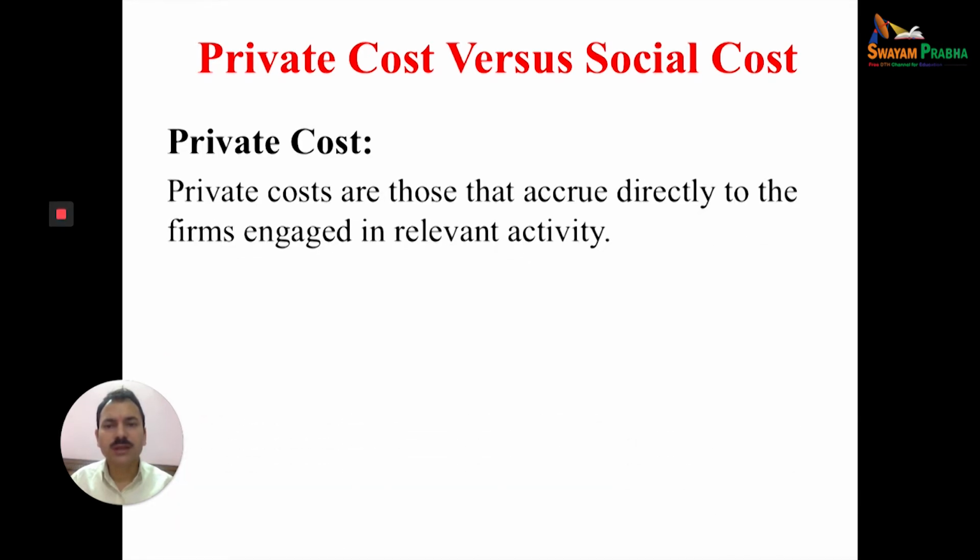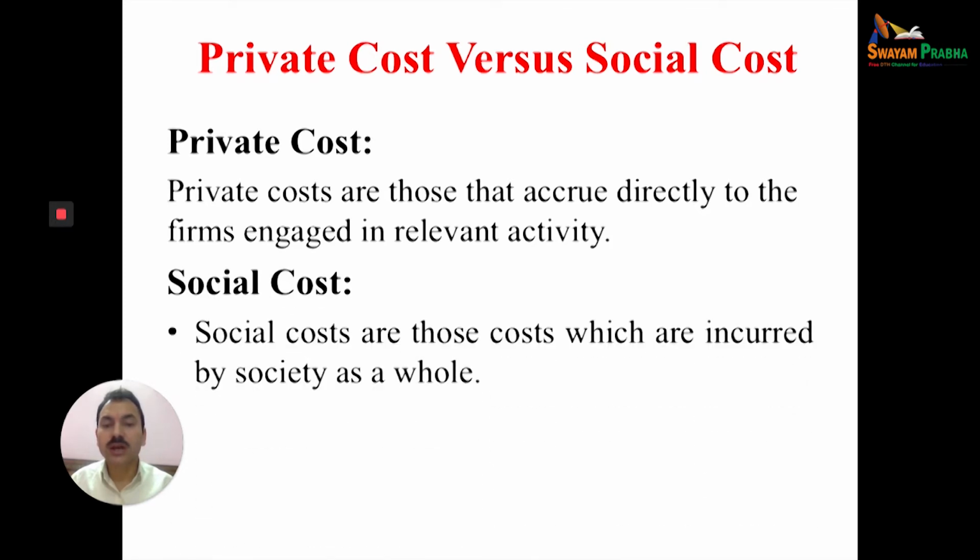Private costs are those costs which are incurred directly by the firm engaged in the relevant activities, whereas social costs are those costs which are incurred by society as a whole for welfare purposes.